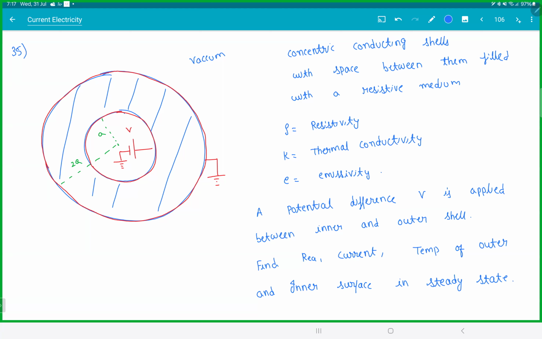Now you tell me one thing, where is all this heat going? All this heat escapes to vacuum through radiation, isn't it? There is nowhere else to go except radiation. So whatever heat you're generating completely escapes.